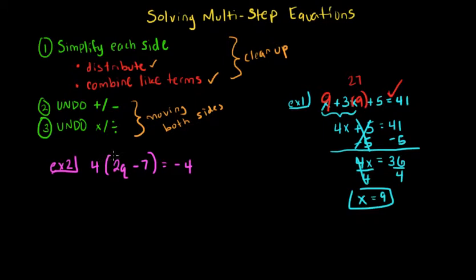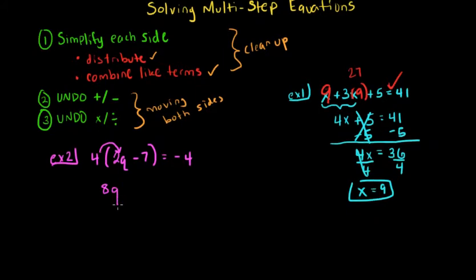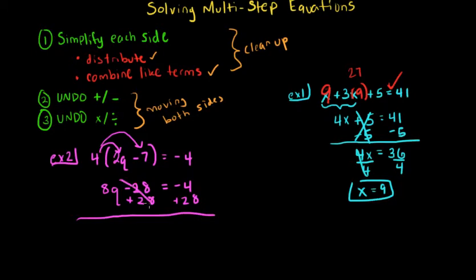So 4 times 2q, that's 8q, and 4 times negative 7, that's negative 28 or minus 28. Alright, now we can add 28 to both sides.